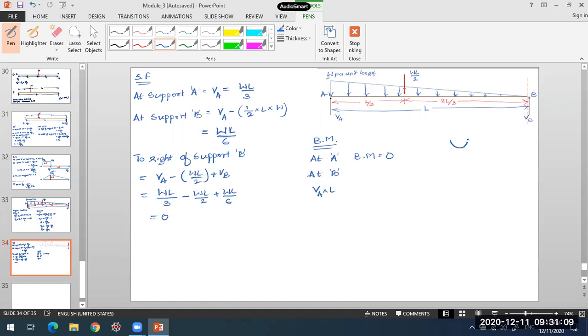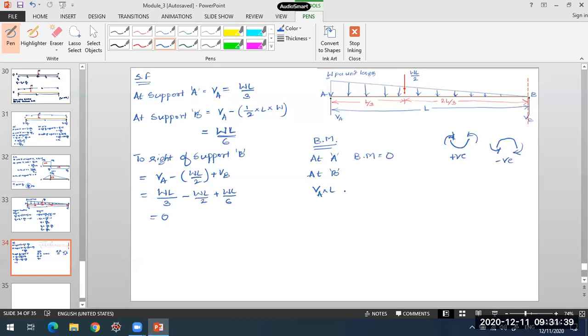As per our sign convention, left side clockwise moment, we'll consider to be positive. And the other sign convention: if the moment to the left of my section is anti-clockwise, I'll take it as negative. When my section is at B, VA will have a clockwise moment and it is to the left of my section, so this will be positive.